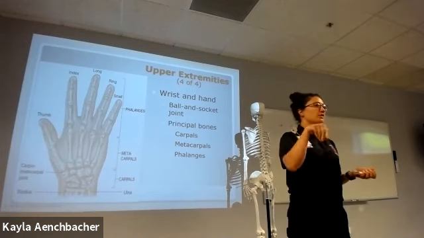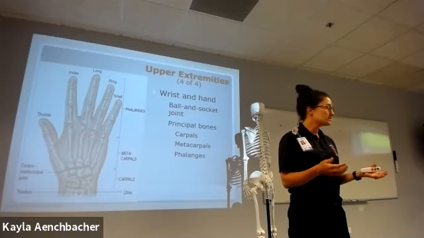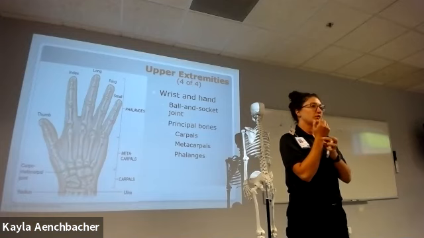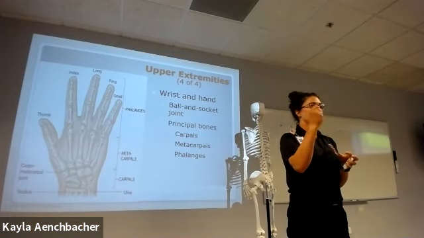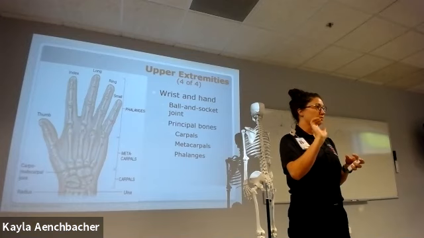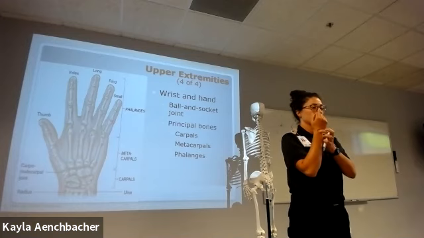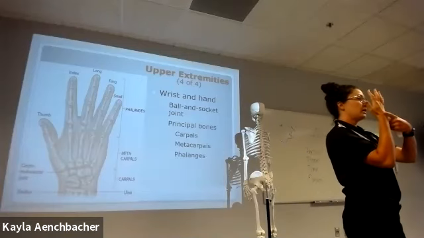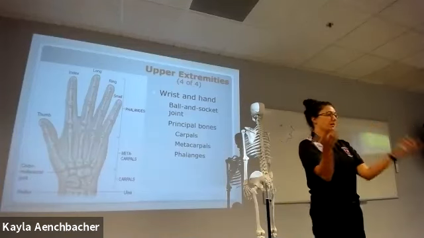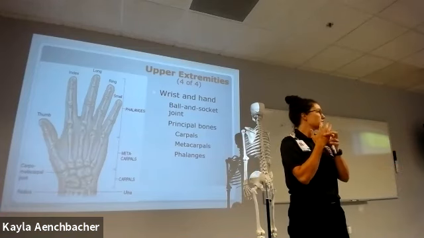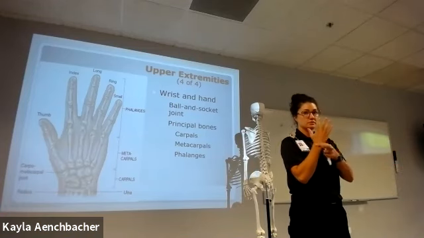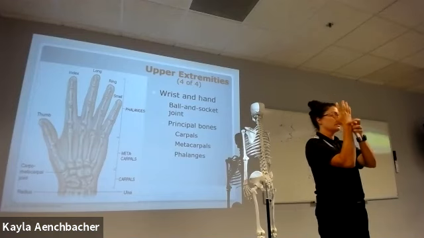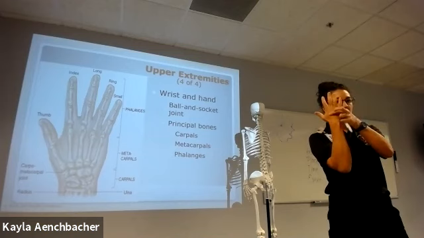If you've ever heard the term carpal tunnel syndrome, that specifically deals with the nerves and ligaments in your wrist joint that surround your carpals. These long bones in your hands, your palm and the posterior part of your hands, are your metacarpals. From your wrist joint to where the base of your finger starts, these right here are your metacarpals.